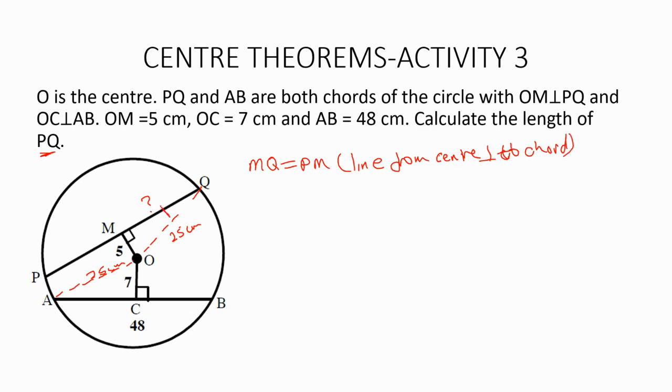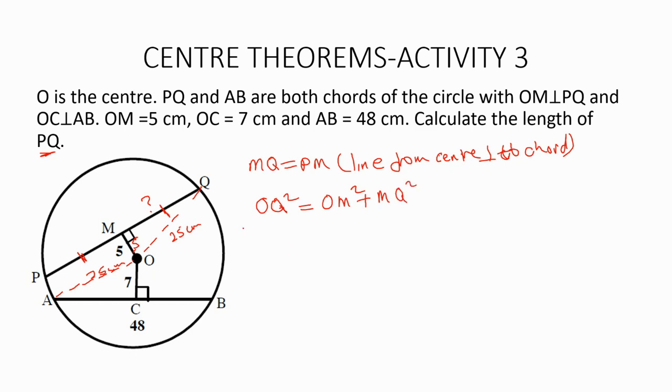It makes MQ and PM the same. So now OM is 5. We can find MQ using the Pythagoras theorem. OQ squared is equal to OM squared plus MQ squared.